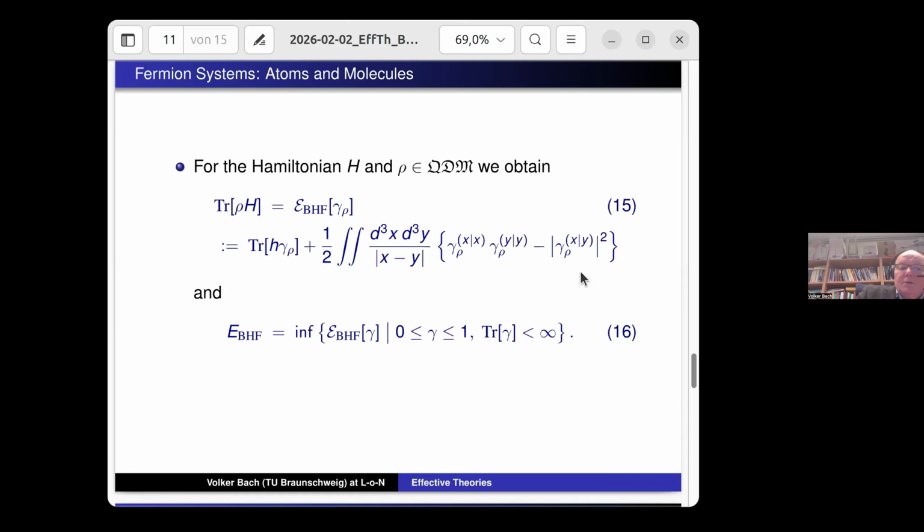And this is known in quantum chemistry as the exchange term. It has a negative sign because we are looking at fermions. If we were studying bosons, this would be a plus sign. And it is very important for the theory of chemical binding.